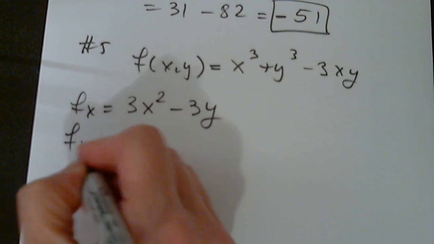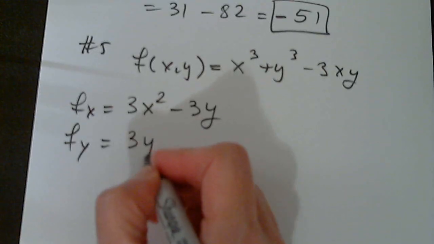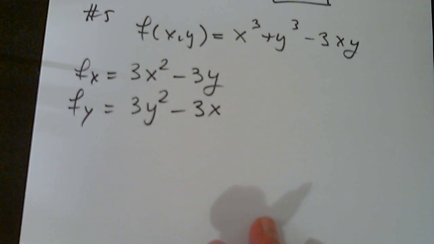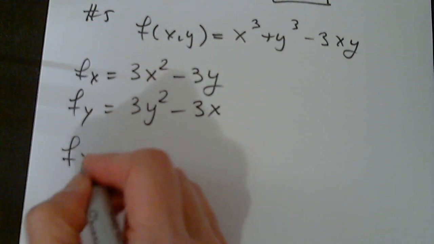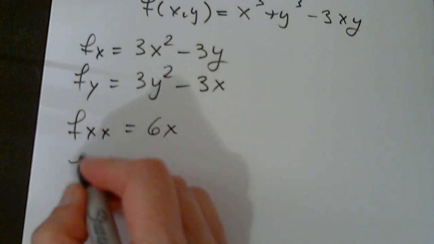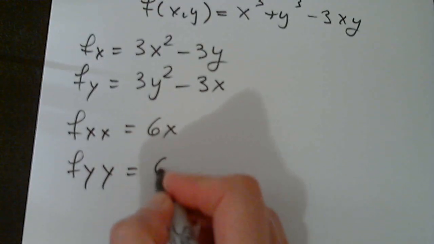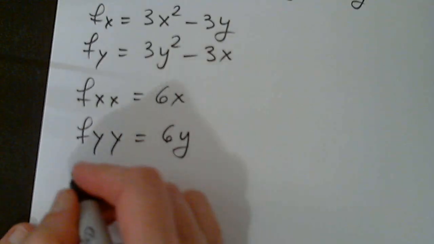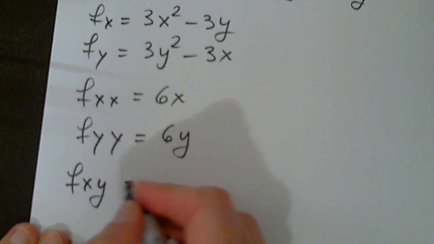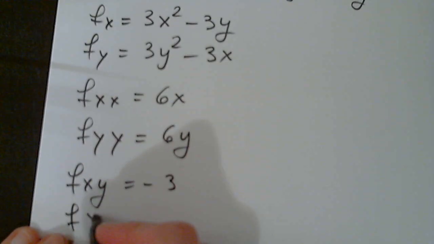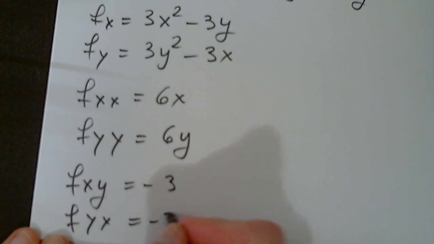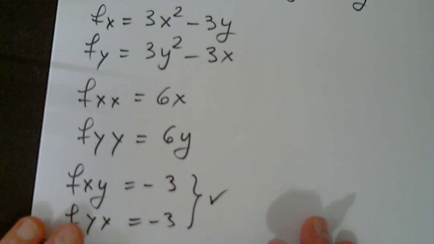We have to find fy, 3y squared minus 3x. fxx, 6x. fyy, 6y. fxy, negative 3. fyx, I'm checking, negative 3. Of course, correct.